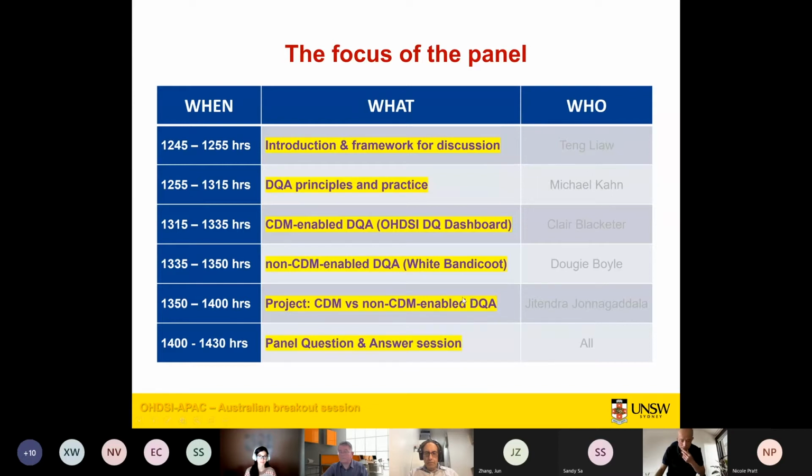So the first two sessions I will provide a very broad framework, and Michael Khan will provide the data quality framework, and this will frame the discussions by Dougie and Claire on the White Bandicoot and the OHDSI DQ data quality dashboard, respectively. And then Jitendra will try and bring it together by describing very briefly the project that we just been funded by the Australian NHMRC to do, which is looking at comparing the CDM and non-CDM enabled data quality assessment.